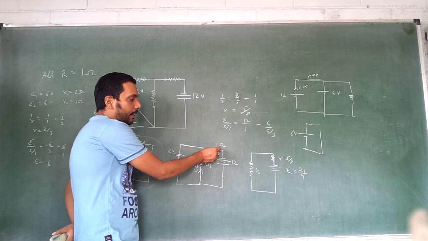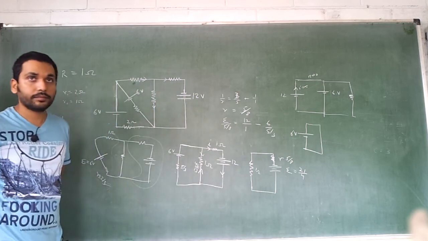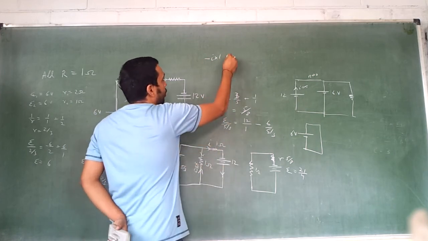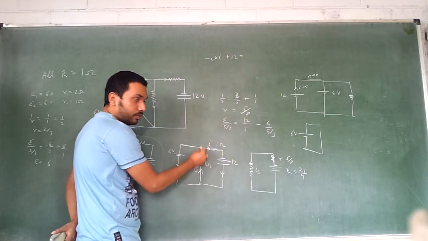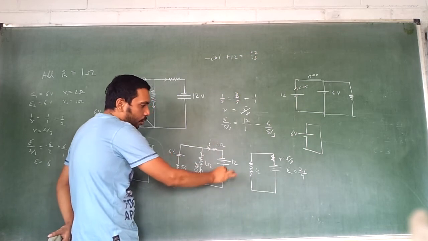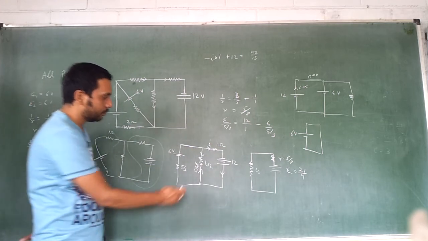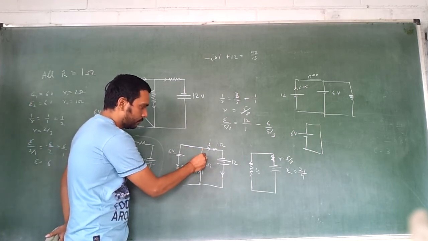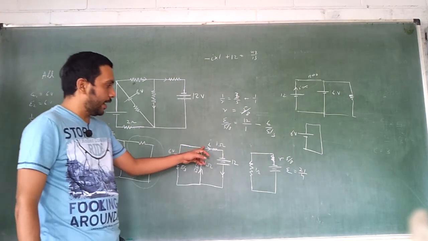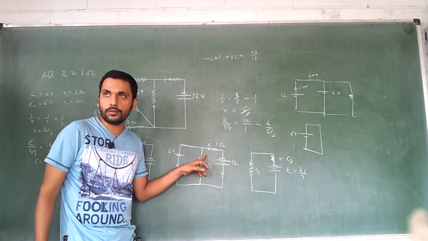Okay? So let the current in this be I. Minus I into 1 for this plus 12 is equal to 42 by 13. Or you can complete the whole loop: minus IR plus 12 minus 42 by 13 is equal to 0.